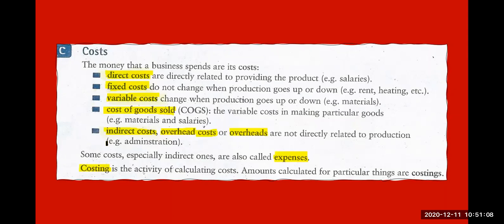Fixed costs are those that no matter if you sell or not, you have to pay. So if you have, for example, a business and you rent a place, you must pay the rent, right? Even if you open the store or not, that's a fixed cost.